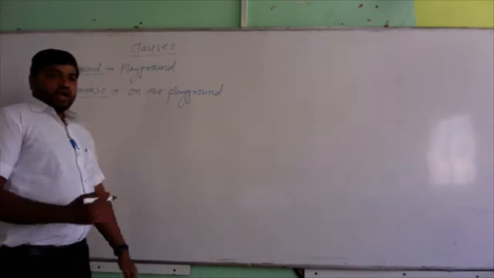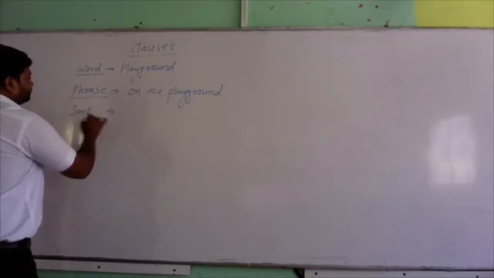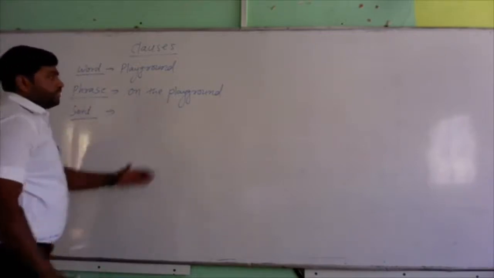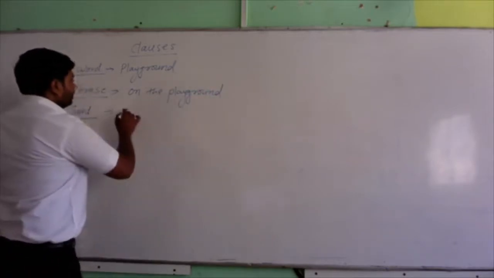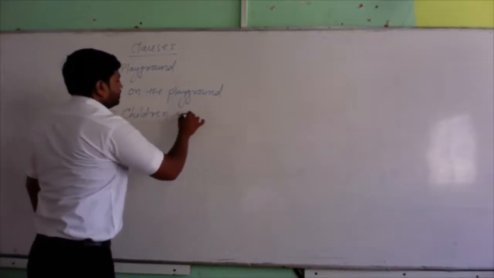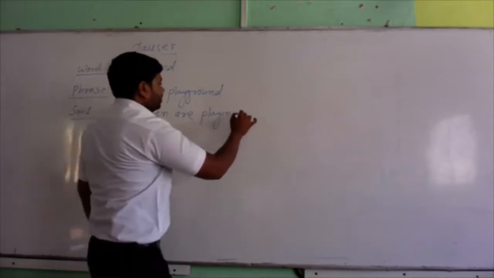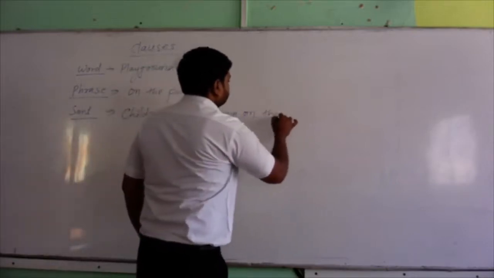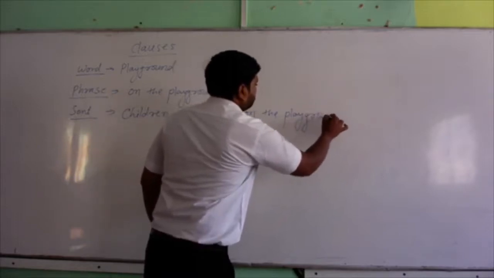Now after phrase, the next step is sentence. So on the playground is a phrase. We can use it in a sentence like this: Children are playing on the playground. Okay.